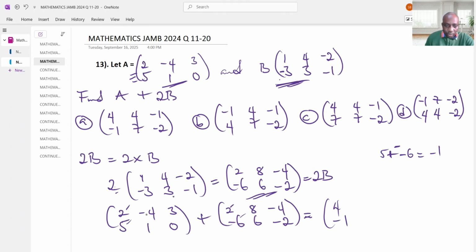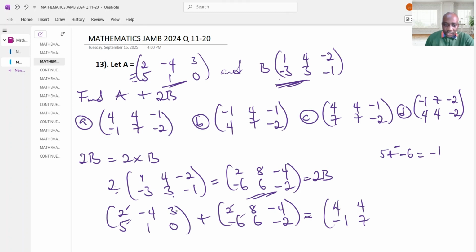The next one, minus 4 plus 8 gives us positive 4. The next one, 1 plus 6 gives us 7.